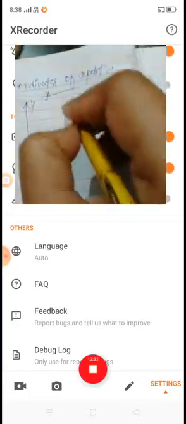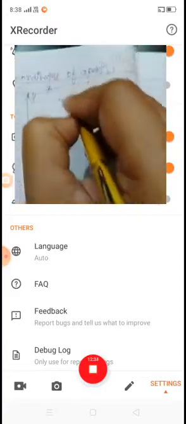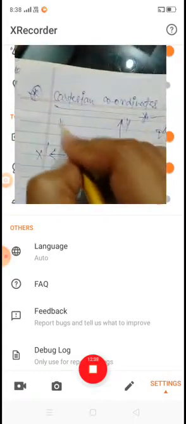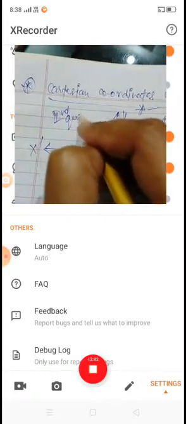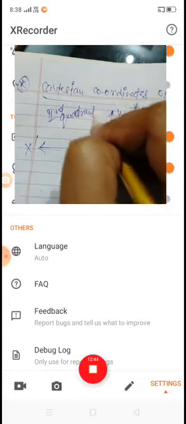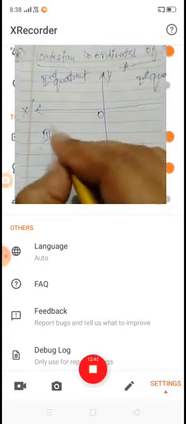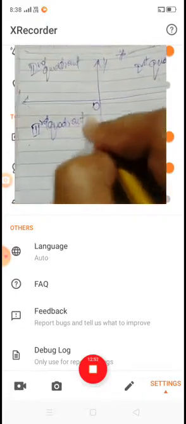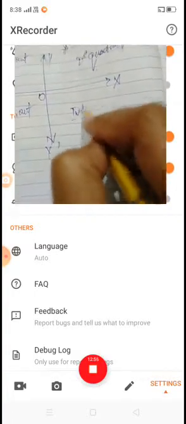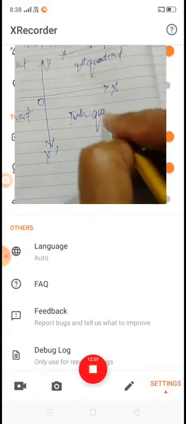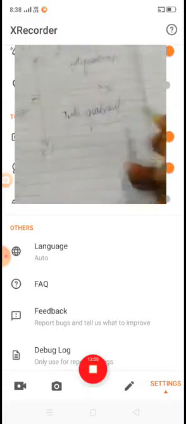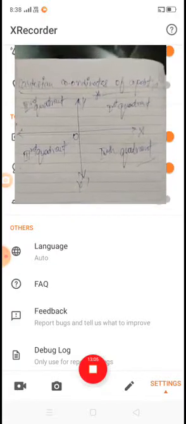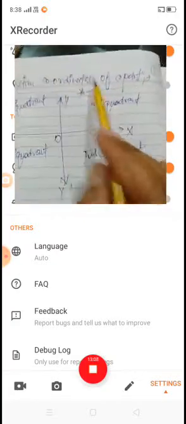Now, this is the first quadrant, this is your second quadrant, this is your third quadrant, and this is your fourth quadrant. And here we discuss Cartesian coordinates of a point.